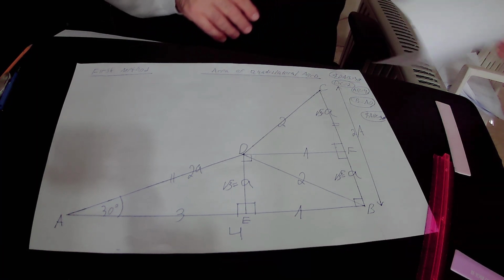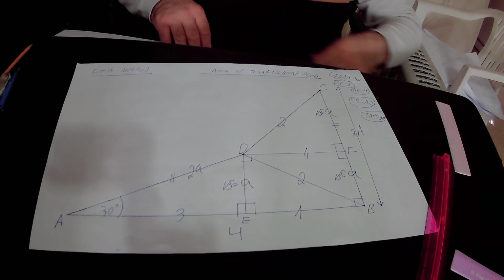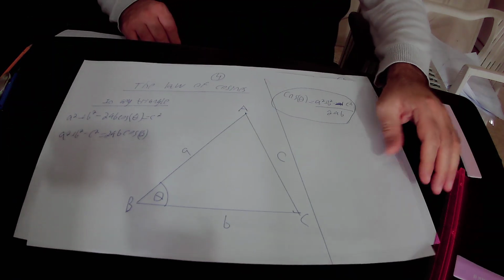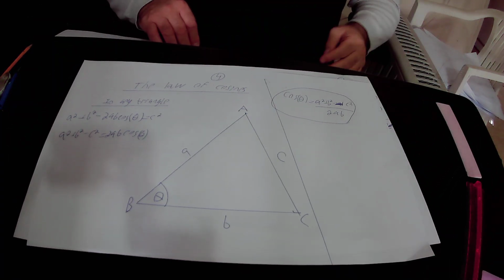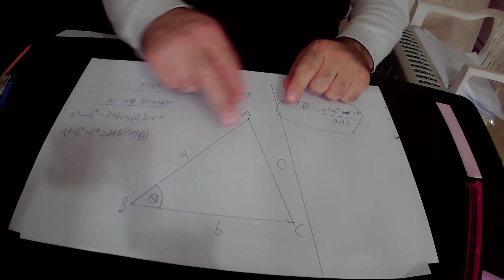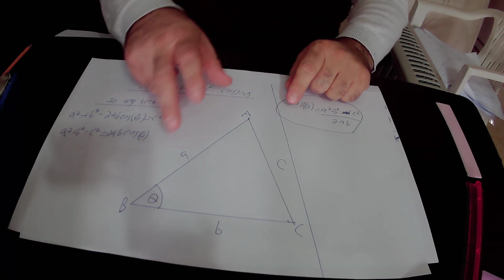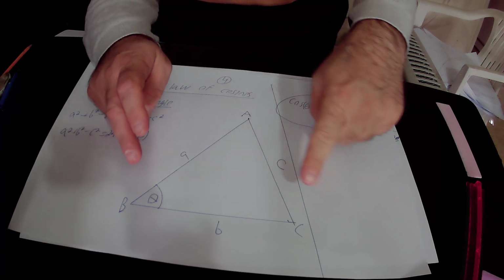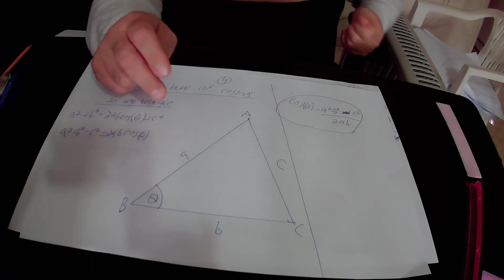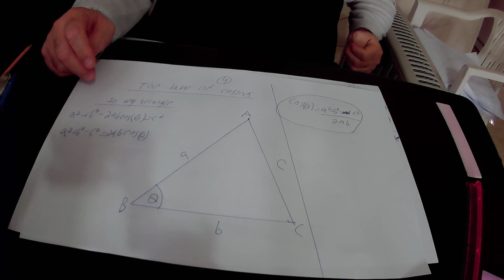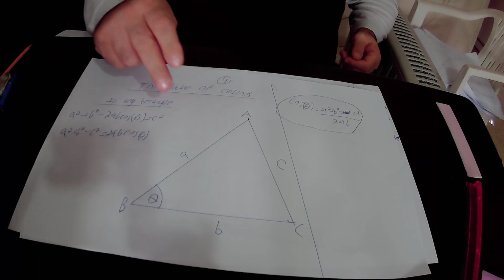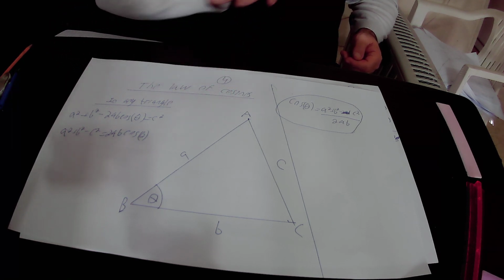Then I presented to you the law of cosines. The law of cosines is true in any triangle. If we have triangle ABC that could be any triangle, the length of BC is A units, the length of AC is B units, and the length of AB is C units. Then according to the law of cosines, A squared plus B squared minus 2AB cosine theta equals C squared.